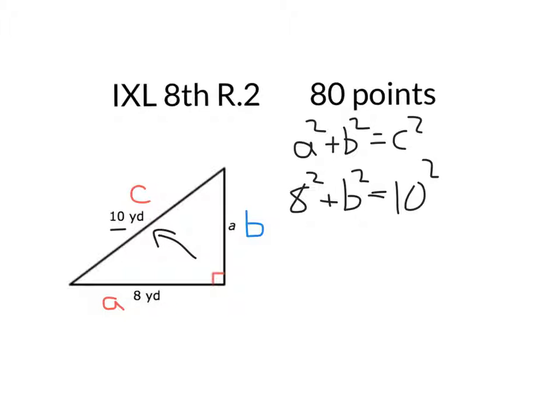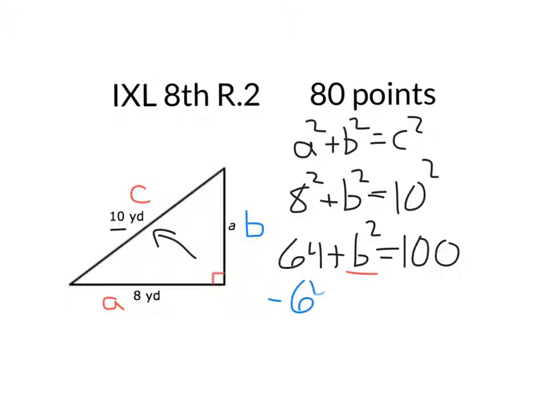We can simplify this out. 8 times 8 is 64 plus b squared equals 10 times 10 is 100. Now we need to use some of our equation solving to isolate the b squared. So to get that b squared by itself, I'm going to start by subtracting 64, keeping my balance, subtracting 64 from each side.